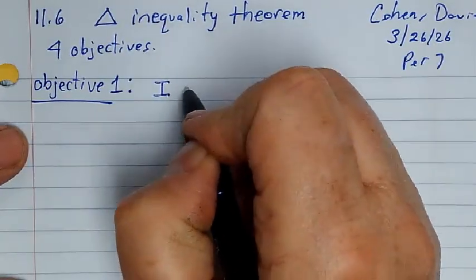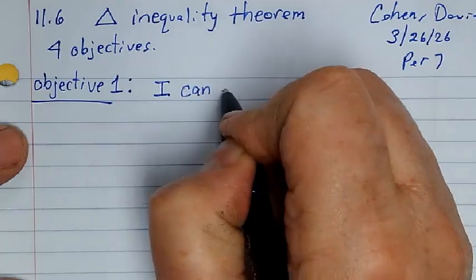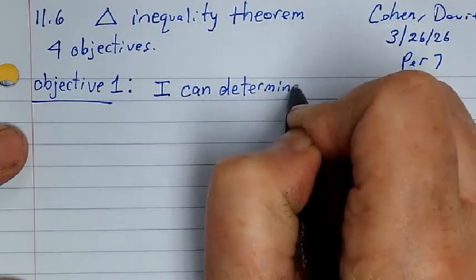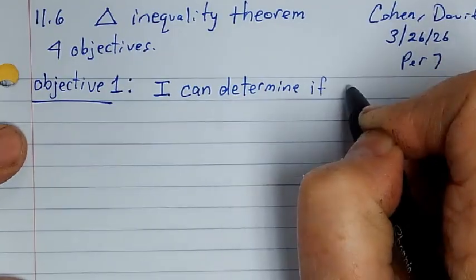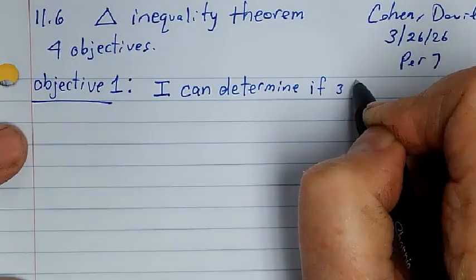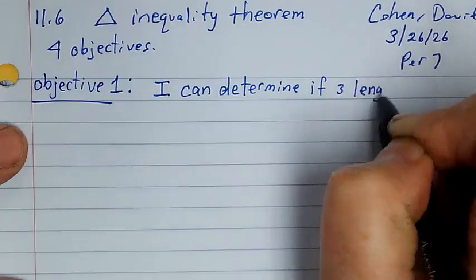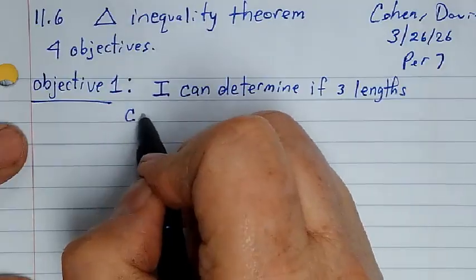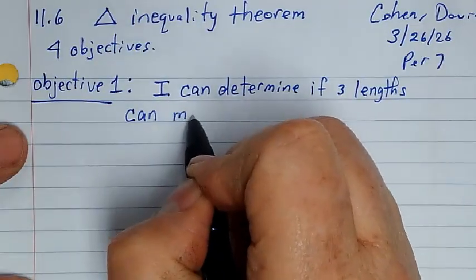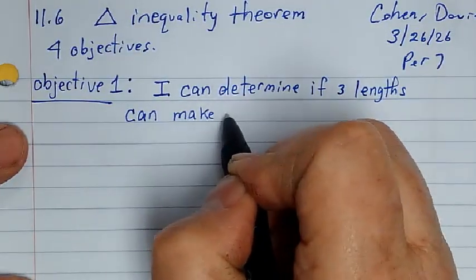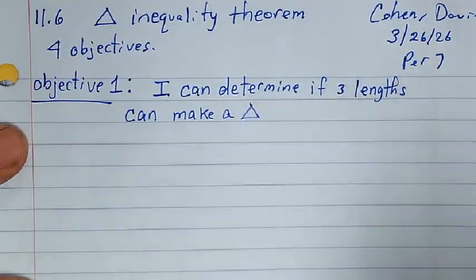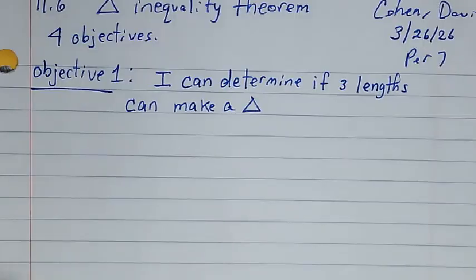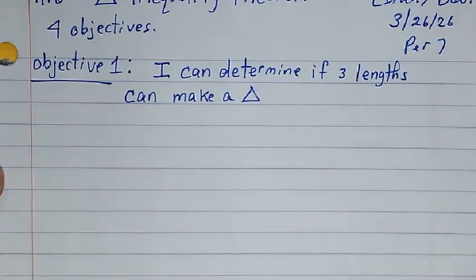In student-friendly language, I can determine if 3 lengths can make a triangle. It's as simple as that. Now, if that doesn't make sense to you, it will in a few seconds.